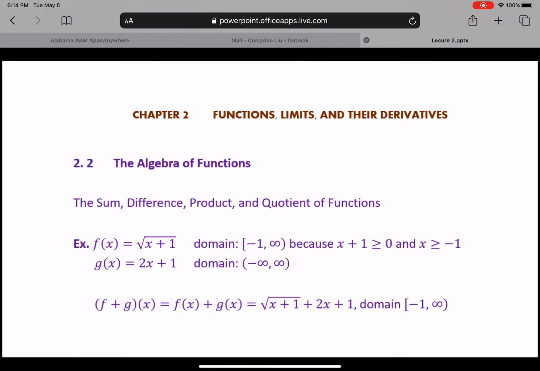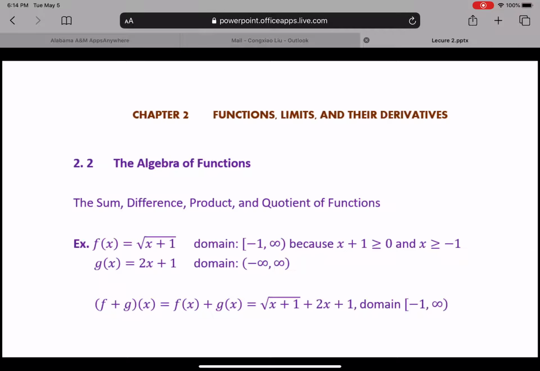Today we're going to talk about the algebra of functions. When we talk about algebra, we mean sum, difference, product, and quotient functions. Just like we do with numbers, we can do the same for functions. For example, if we have the function f(x) equal to the square root of x plus 1, we can easily find the domain of this function as from -1 to infinity.